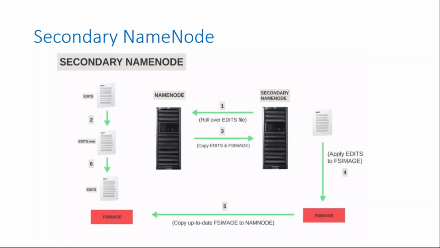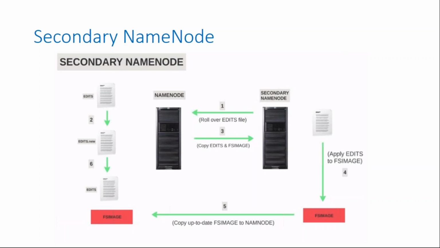Before the name node sends the edits log to the secondary name node, there is one more operation: it renames it to edits new and sends it over. The secondary name node merges these updates into the FS image and then writes it back onto the name node.